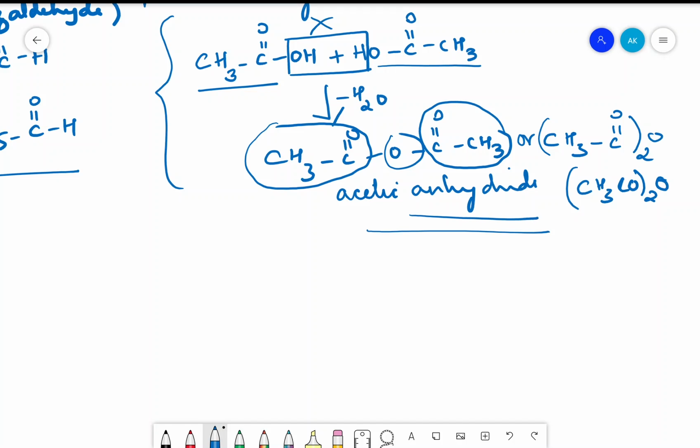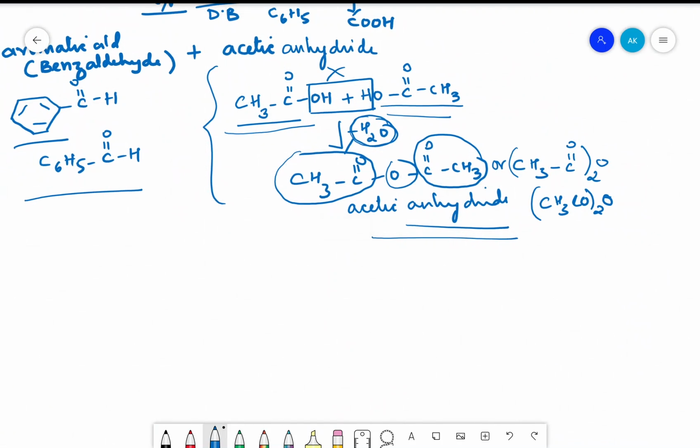Anhydride means by the removal of water molecule. So this is the water molecule which is eliminated when two acetic acids combine. It results in the formation of acetic anhydride, by removal of a water molecule.